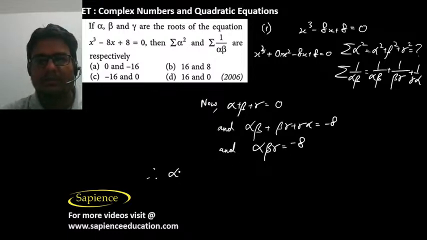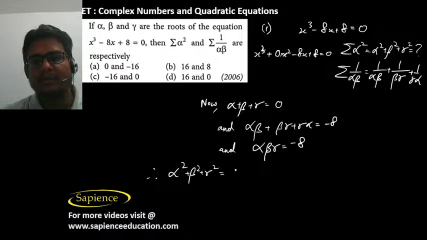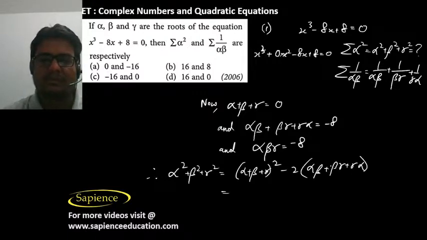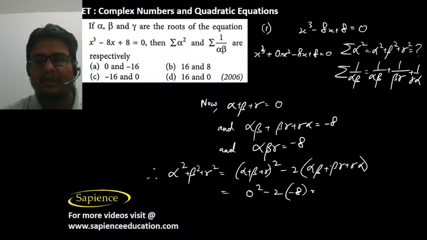Now therefore alpha square plus beta square plus gamma square, that we have to find. So that is alpha plus beta plus gamma whole square minus 2 into alpha beta plus beta gamma plus gamma alpha. So that will be equal to 0 square minus 2 into minus 8, that is 16.